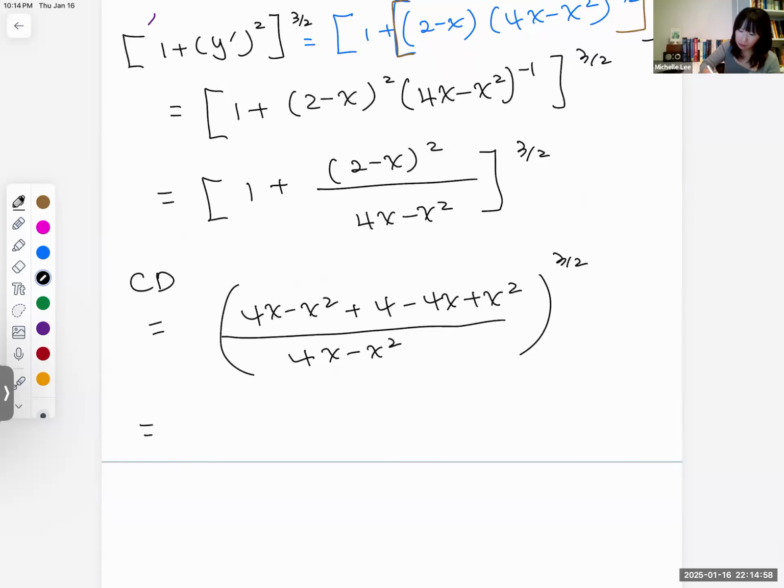Simplify. I think we did that earlier, right? So 4x, x squared. So we have a 4 over 4x minus x squared to the 3/2, right?